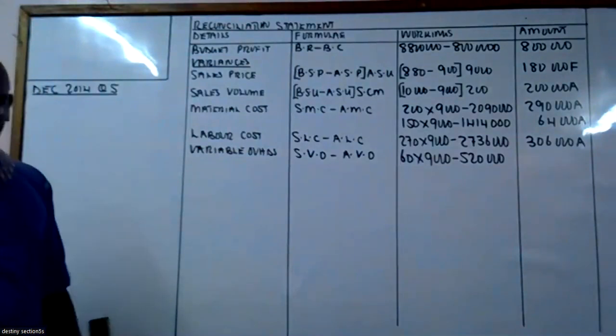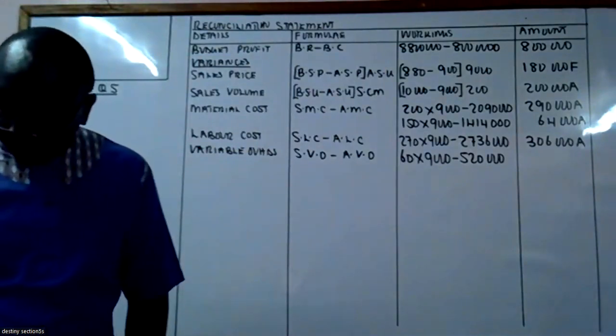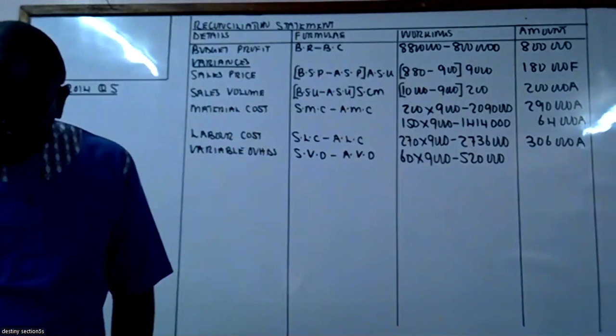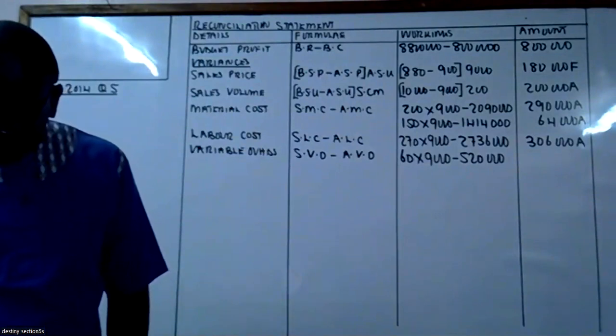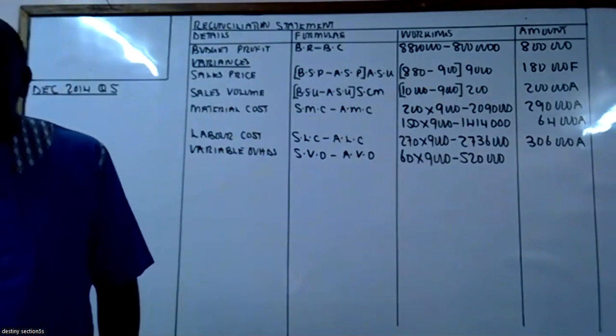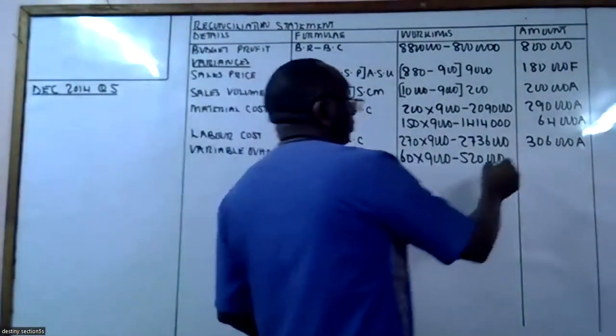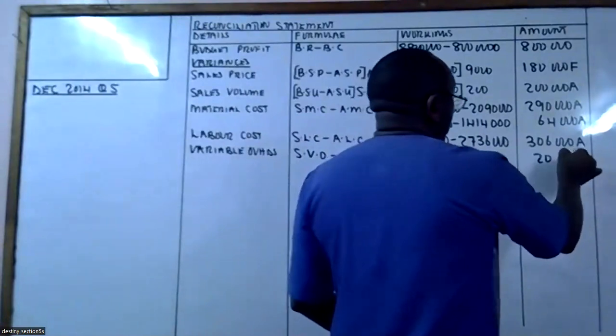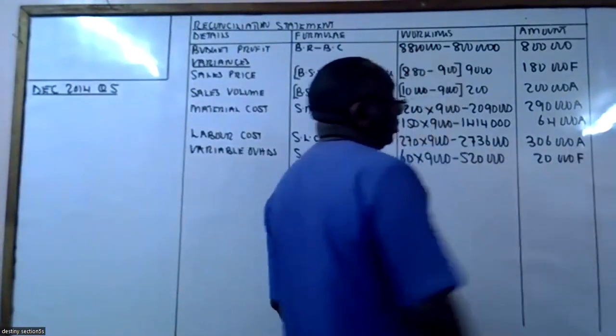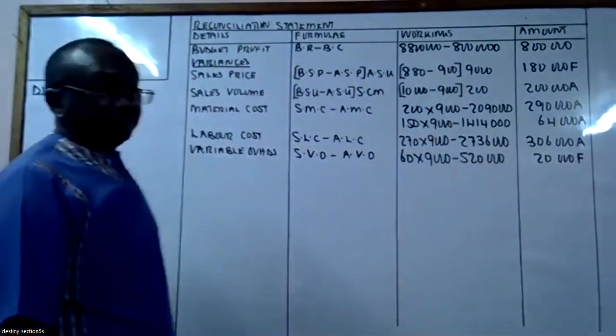So I think this one we had computed as 60 times 9,000 minus 520,000. We got 20,000, which is favorable.